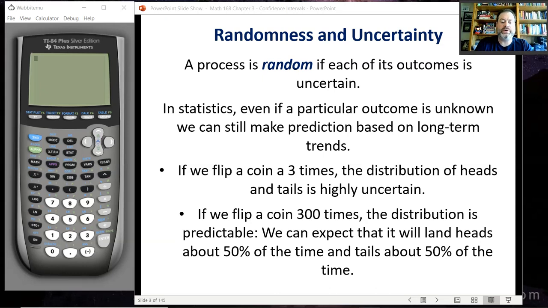The two examples I put at the bottom: if we flip a coin 3 times, the distribution of heads and tails is highly uncertain. You could flip a coin 3 times and get 3 heads. Does that mean if you flip it 300 times, you're going to get 300 heads? Of course not, right?